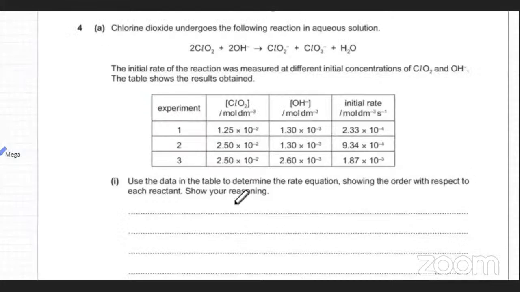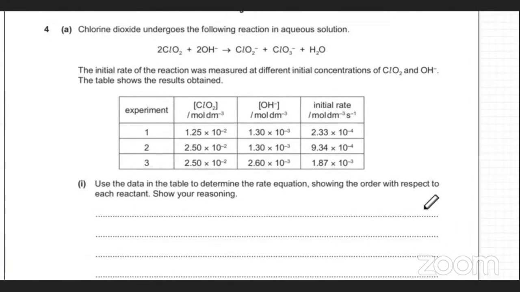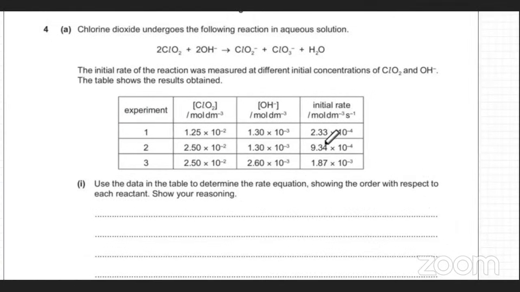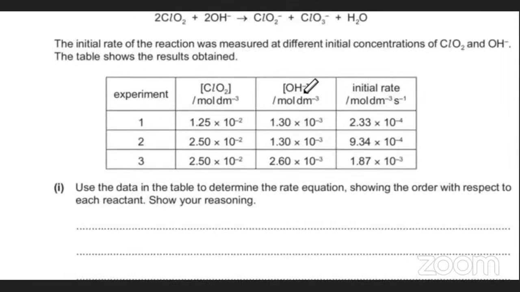Then the rate of reaction question, where he's saying, show the order with respect to each reactant. You need to figure out which experiments to compare. If you compare experiments 1 and 2, what's happening? It's doubling, right? And this remains constant. You want to keep one reactant constant and alter the concentration of the other reactant. So what happens to the rate?